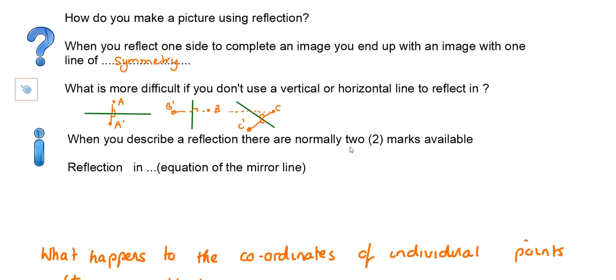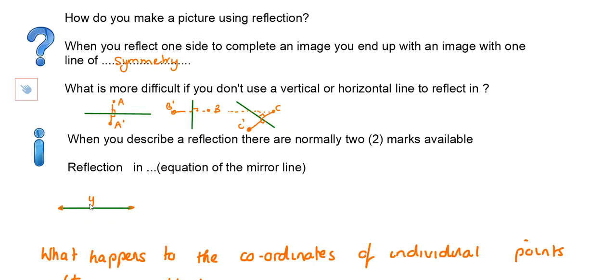When we describe a reflection, 2 marks, reflection in, and then the equations of mirror lines. So how can we sum up very quickly equations of mirror lines? So again, if I've got a horizontal line, going that way or that way, the equation of that line will basically be in the form of what? Anyone? Y equals something.